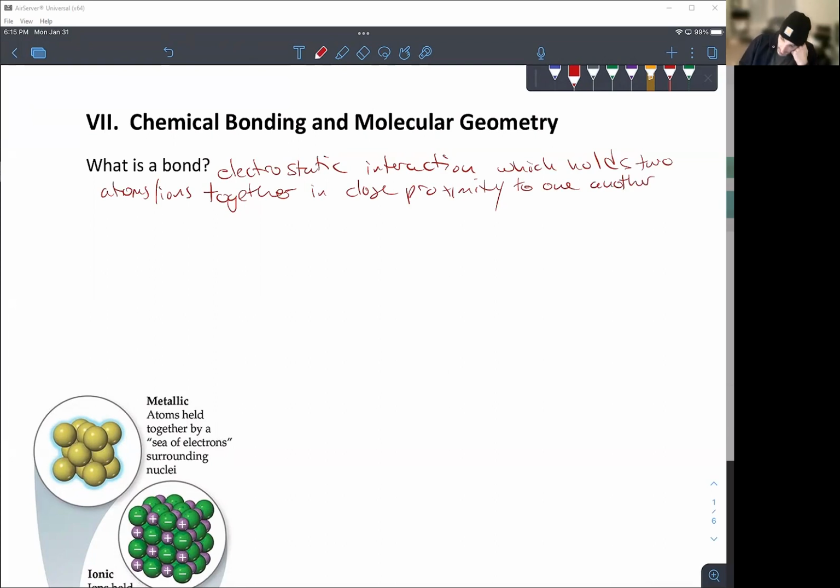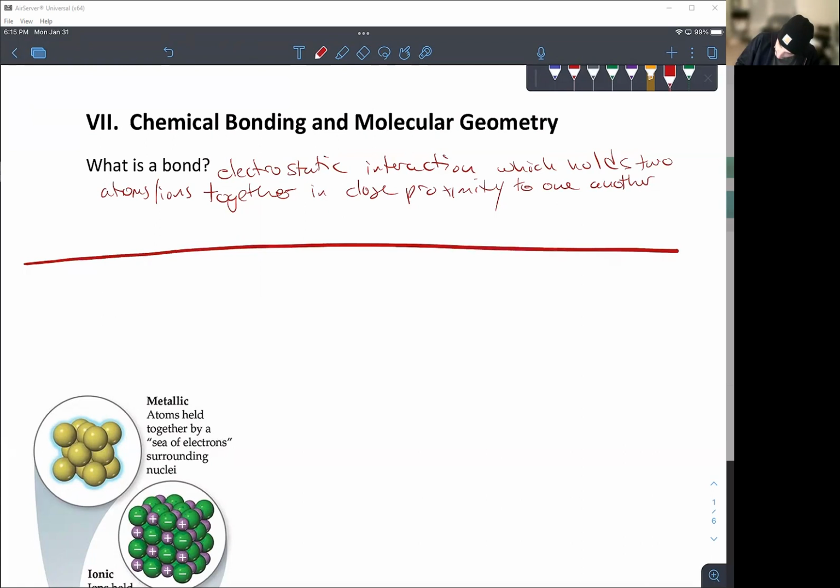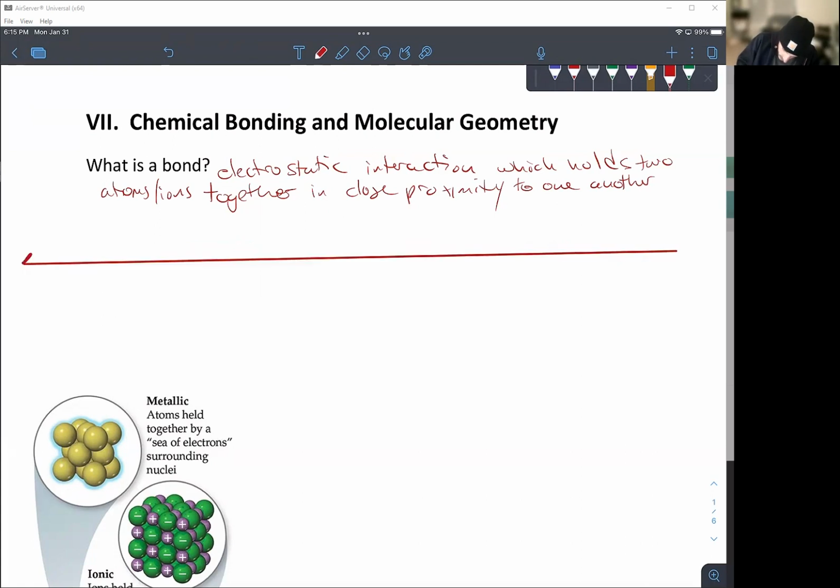So bonds are going to be on this scale, and we're going to talk about this later, but I want to create this scale. On one side of the scale, I am going to have ionic.